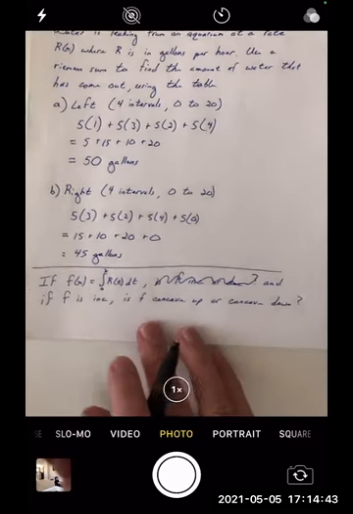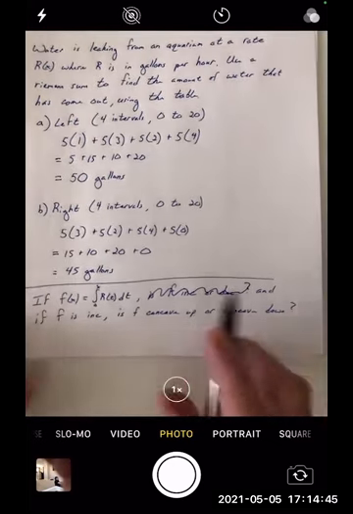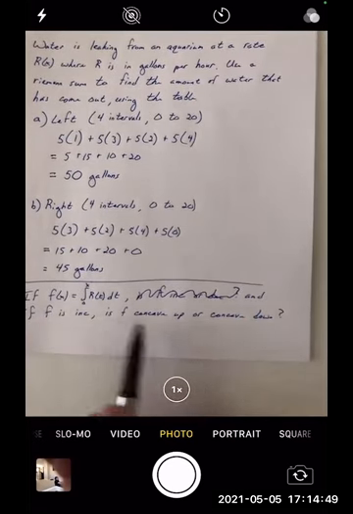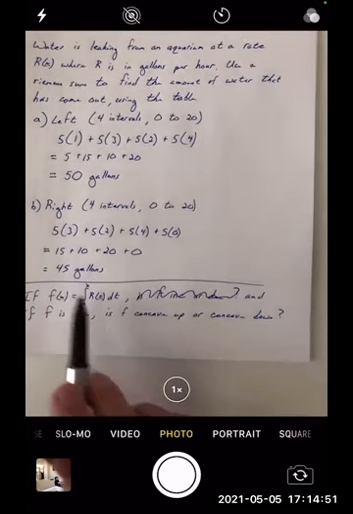Trying to think if that's right. I might be missing something in here. That's basically what she's asking about.